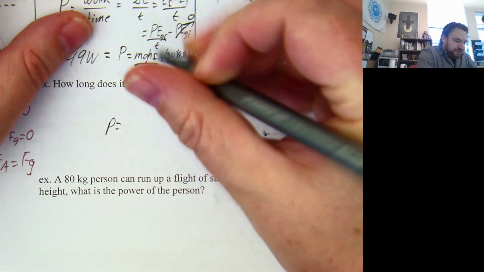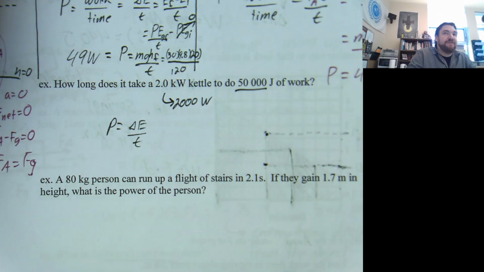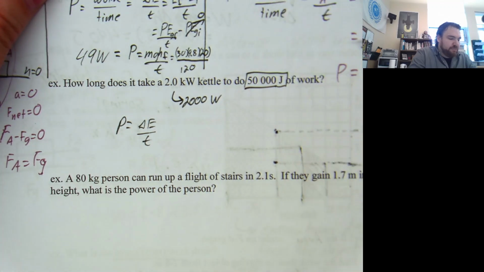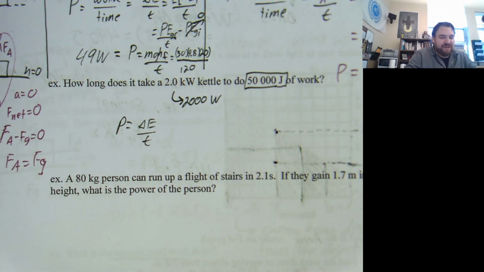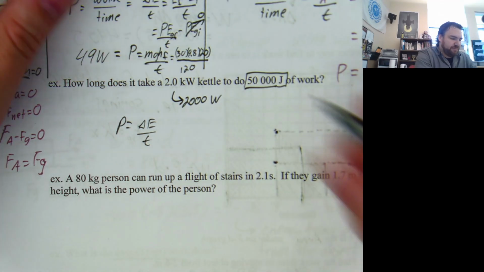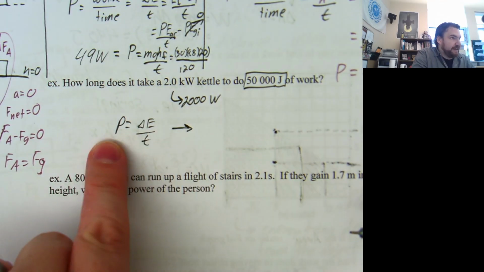Power is equal to a change in energy divided by the time. That's the definition we're going to use here. The change in energy, or how much work was done, was 50,000 joules. So this expression is going to become, we know how much power is provided by the kettle.